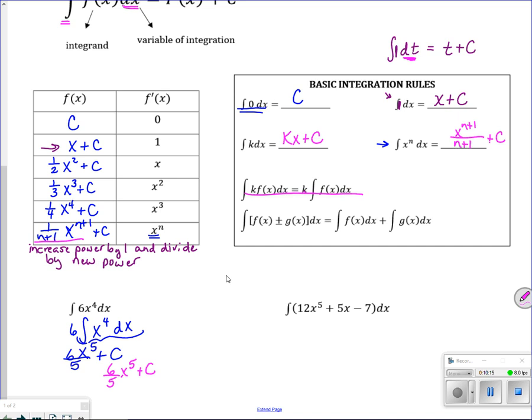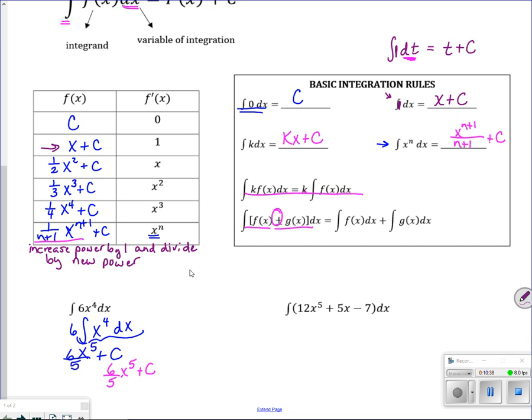All right, now this next one is using this idea. Just like derivatives, when you're separated by a plus, remember how we went down the line and took the derivative of each one? Well, you can do that with integrals as well. So I'm going to go down the line and take the integral of each thing.